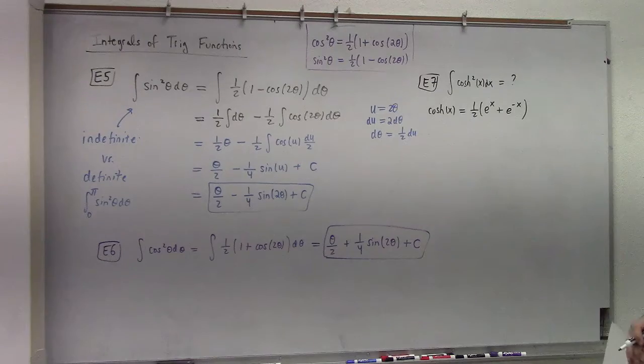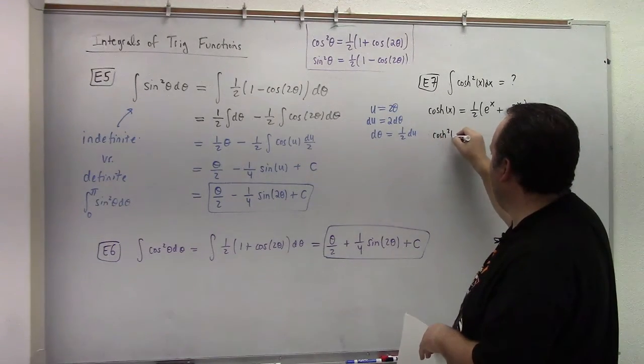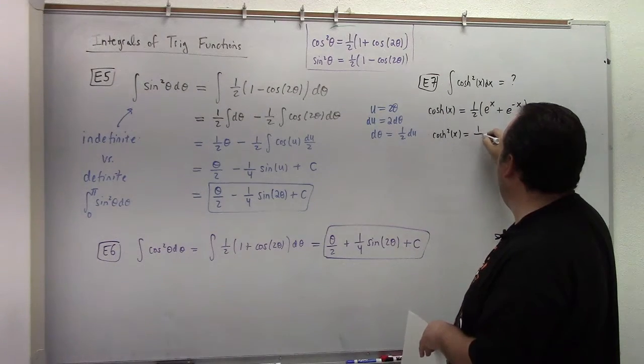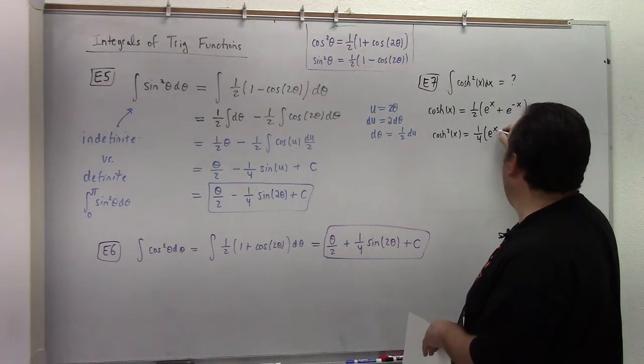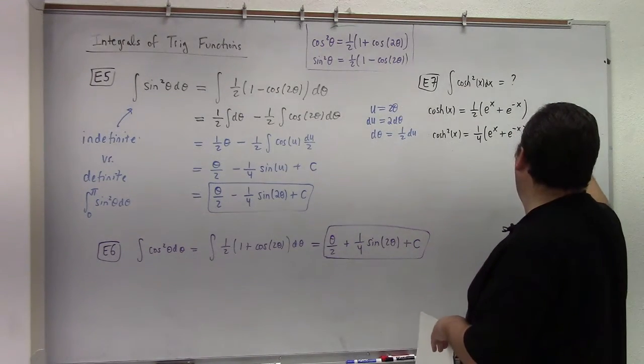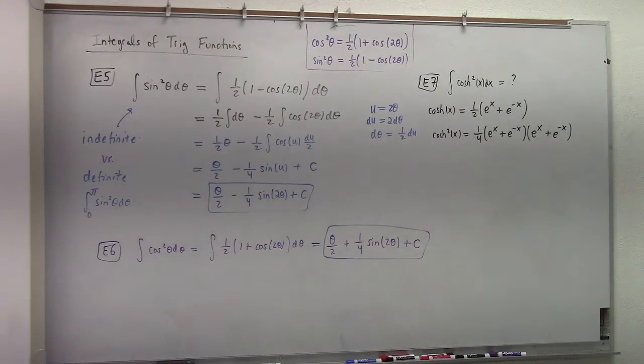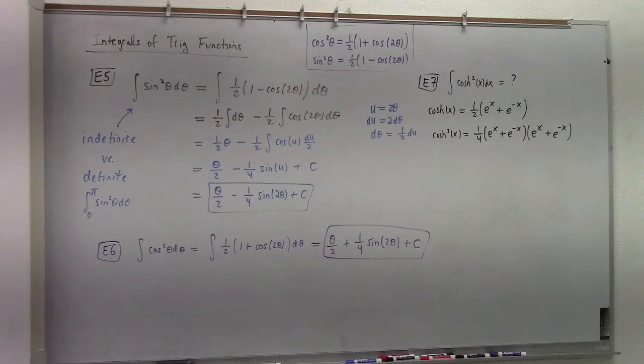What is cosh squared? So I just went ahead and half times a half gave me a quarter, and I'm just writing it like that so we can think about how to multiply it out. What do you get?